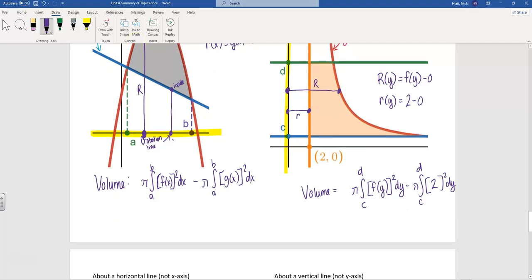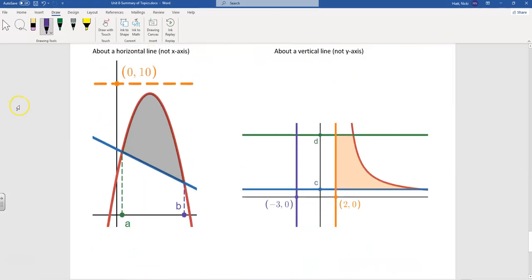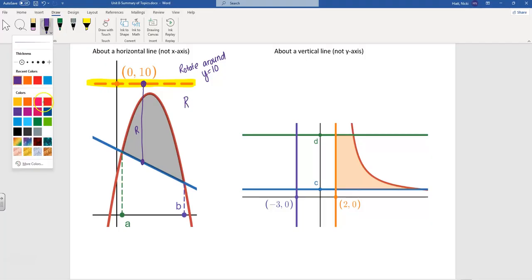Okay, we are basically out of time, but let's do these last 2 really quickly, okay? So, same idea, but the line you're rotating around has changed right here. If I'm rotating around y equals 10. So, capital R, line you're rotating around to outside, that's capital R. Right, capital R here, oh, gotta name them.